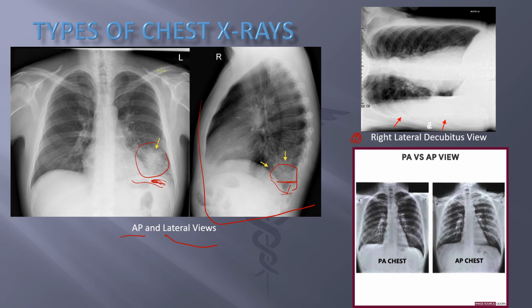right lateral decubitus view, where we'll lie the patient down to see if this fluid will layer out. So this fluid is layering out here on this lateral view. So if you have a pleural effusion, say here, and you want to see if it's a thin liquid or it's thick, you can lay the patient down.